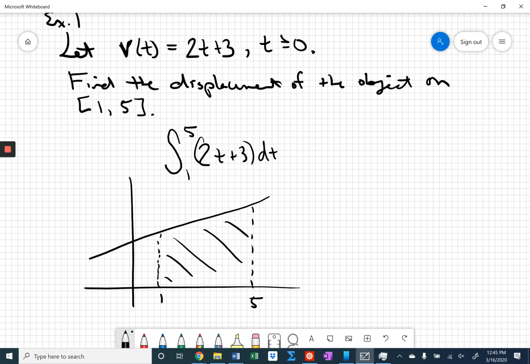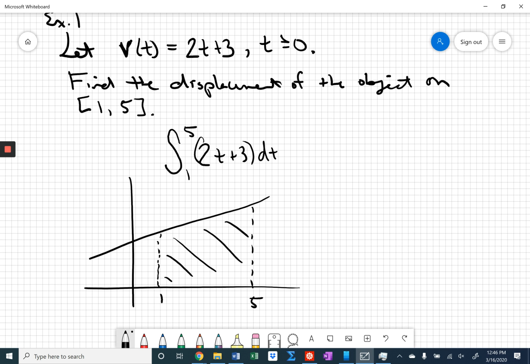Let's shade it right through here. Now, that also represents the total distance traveled by the object, because the velocity is non-negative, but I'm using the word displacement here intentionally because of some other ideas it should conjure up in a moment.